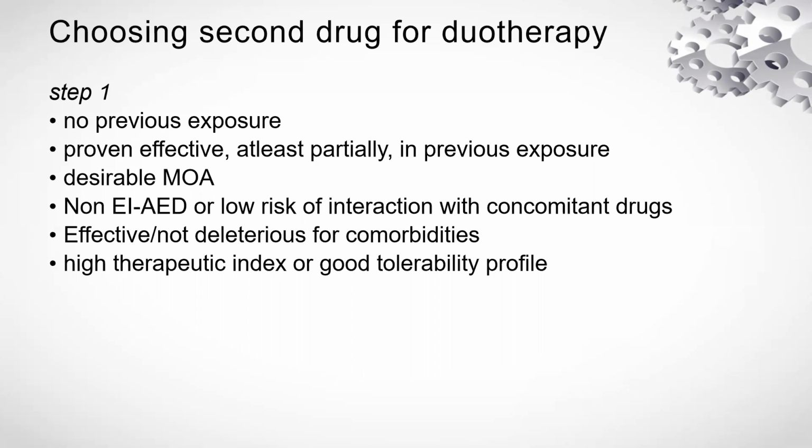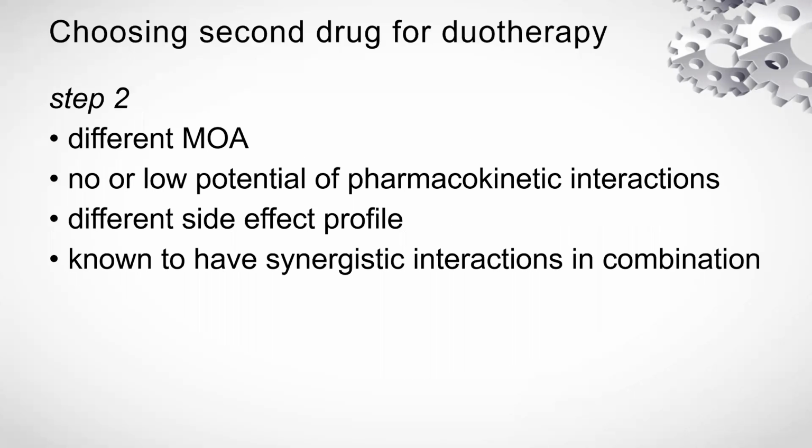It should be effective, or at least should not be deleterious for comorbidities, and should have a high therapeutic index or good tolerability profile. Once we have made a list, step two, we should match these drugs with the parent drug as per the following criteria. It should have a different mechanism of action, it should have no or low potential of pharmacokinetic interaction with the parent drug, should have a different side effect profile, and should be known to have synergistic interactions in combination. And as per these criteria, we should select the drug.